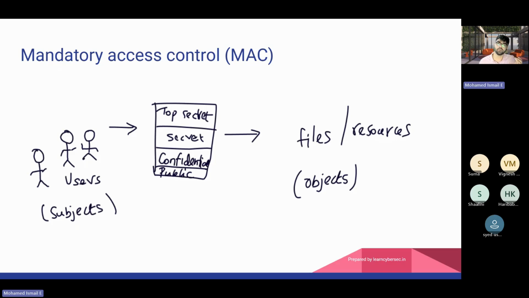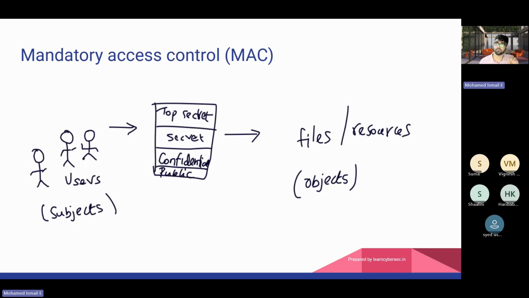Manager, director, VP, CEO can access whatever documents are labeled as confidential. You have created the file and you are the owner of that object. However, you don't have control over whom you grant access to, because the access control is placed by someone else. The access control definition here grants access to confidential documents only to manager and above, right? So that's how mandatory access control works.